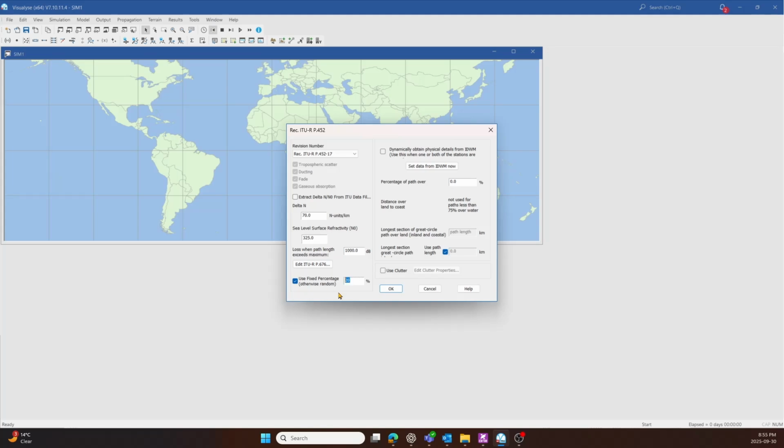So as you bring this p-value lower and lower, your irregular or anomalous propagation modes are more severe but still rare.